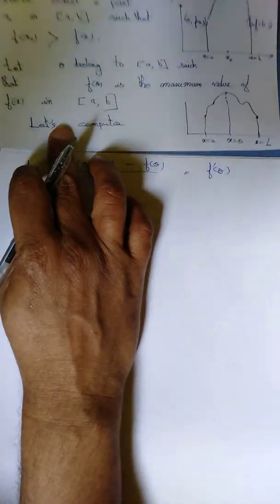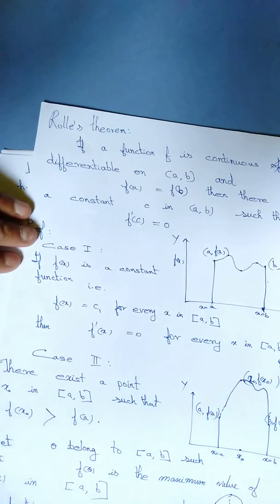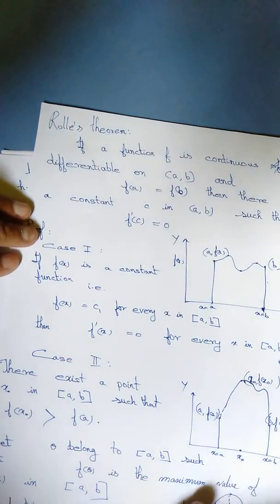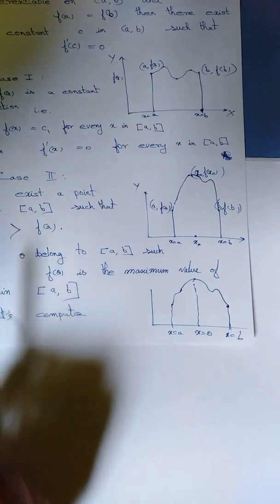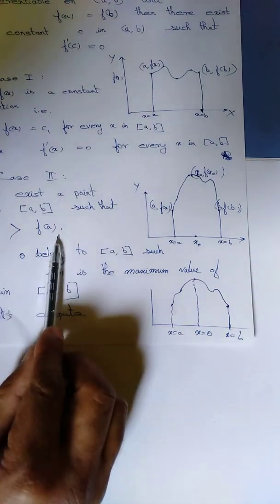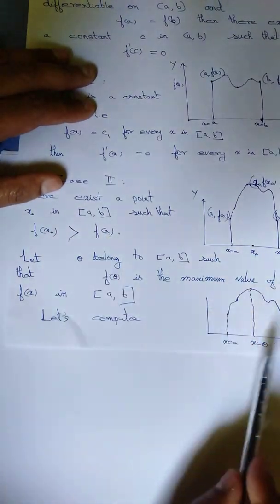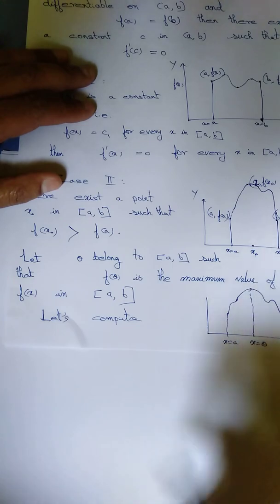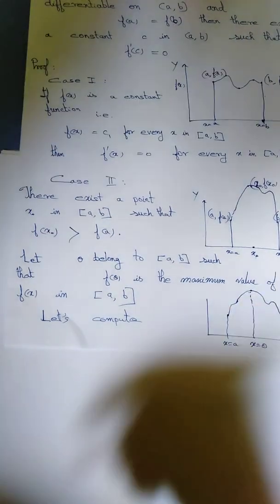We are given that the function is differentiable in the open interval a comma b, and we know that theta cannot be a because that's the maximum value. We know that some f of x naught is greater than f of a. That's the greatest height, and that has to be something greater than f of a.